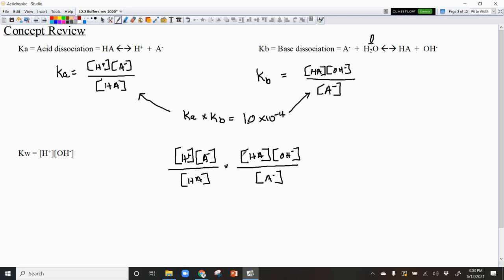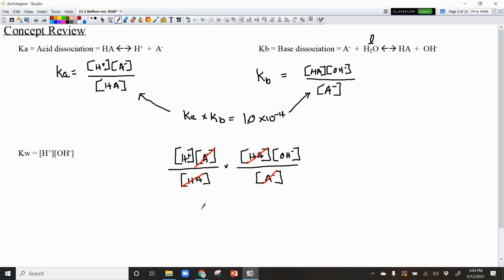Now we're multiplying two fractions here, so we can cross cancel. So let me change colors here. This A is going to cancel with this A, and this HA is going to cancel with this HA. So let's see what we have left over.